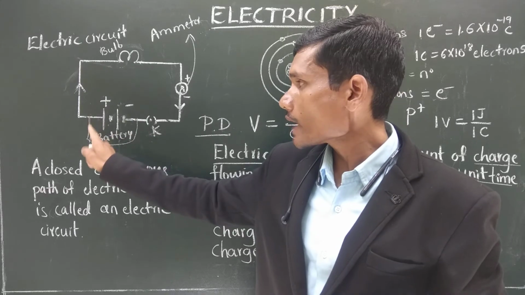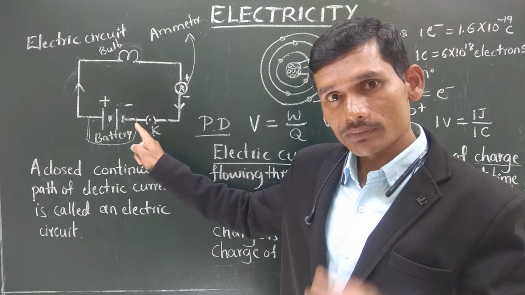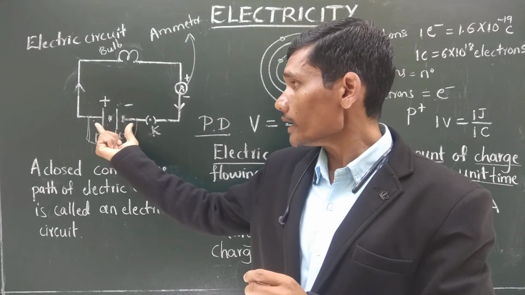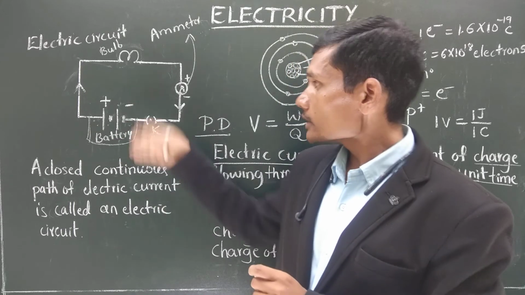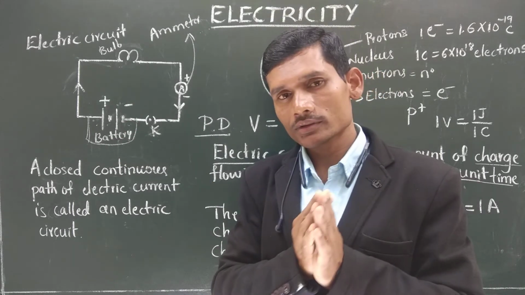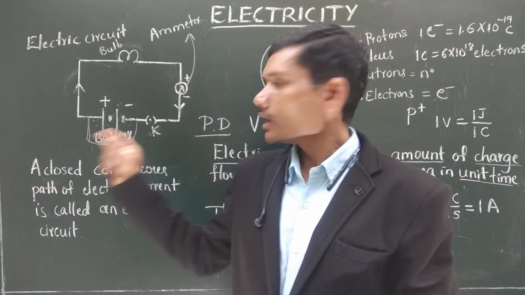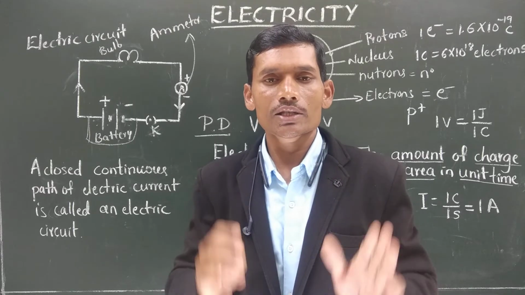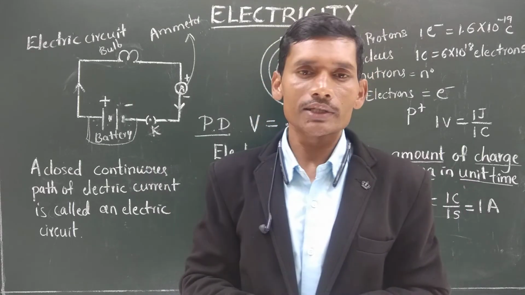One end of the voltmeter has to be connected to one terminal, and the other end has to be connected to the other terminal. Then only we can find the potential difference between the two terminals. If it is connected in series, we cannot get it. That is why the voltmeter has to be connected in parallel in a circuit. So this is how we connect a voltmeter in an electric circuit.